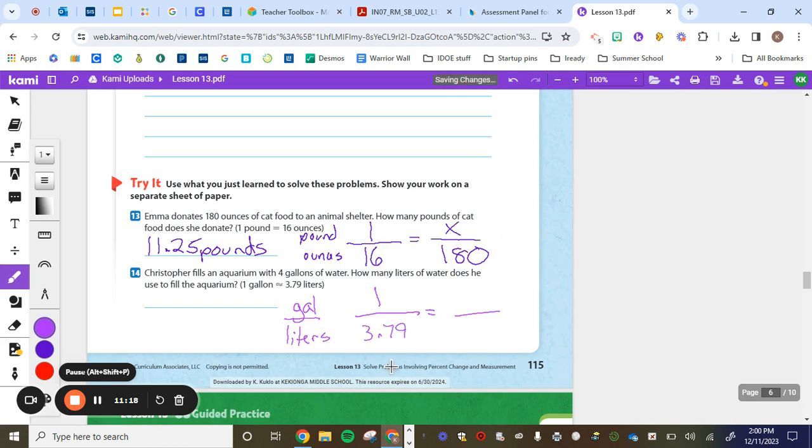And then the number that Christopher is using is 4 gallons, so gallons went on the top and the variable on the bottom. Then you're going to cross multiply 3.79 times 4 divided by 1, and we will get 15.16 liters of water.